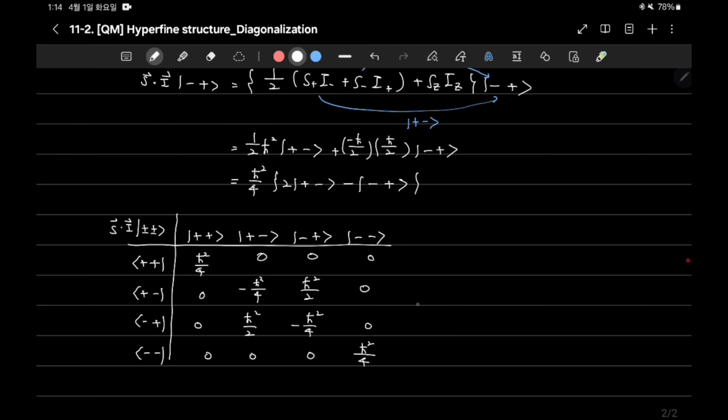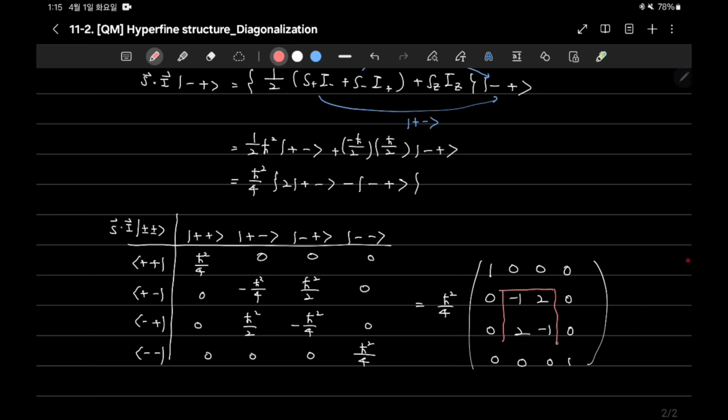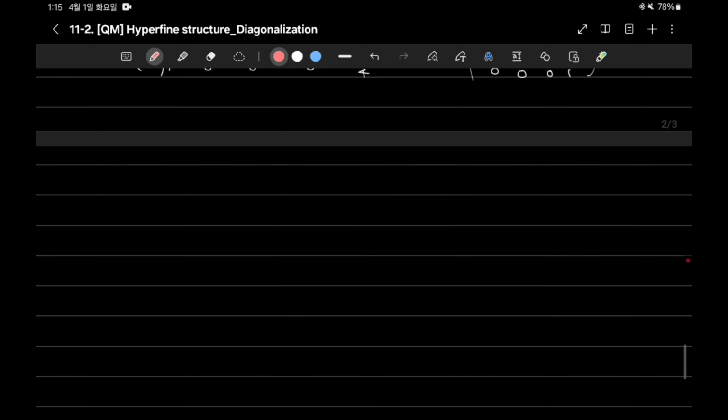So it can be made that the matrix elements are like quarter ħ², and also 1 0 0 0, and 0 minus 1 2 0, 0 2 minus 1 0, and 0 0 0 1. It is not diagonalized, but we should note that here we should diagonalize this term.